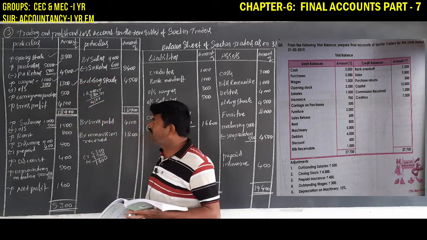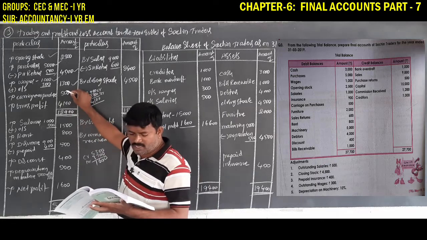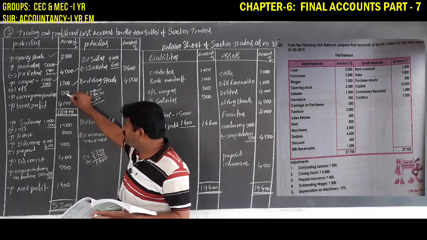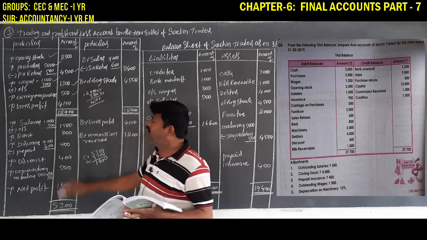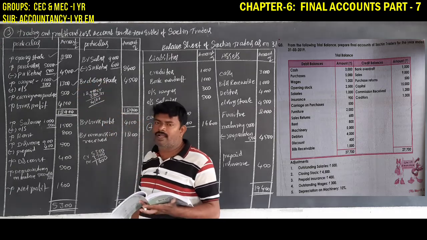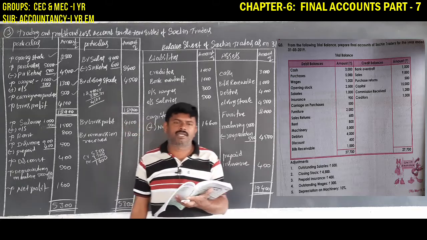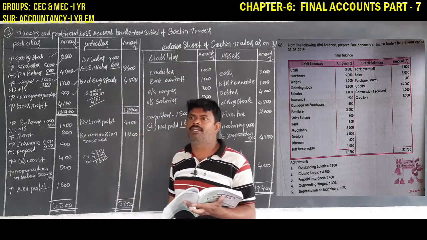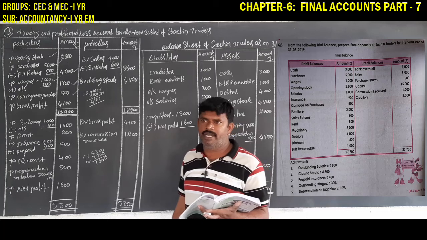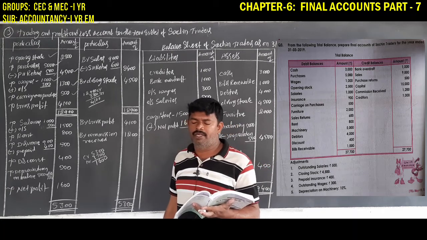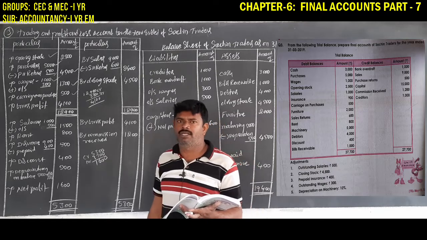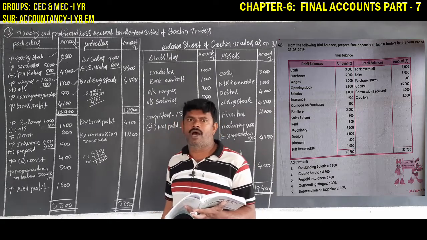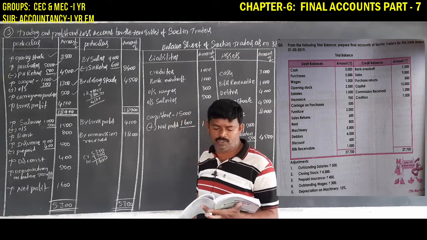Carriage on purchases is given on the trial balance debit side, so it must be on the debit side. So that completes the aspects related to the trading account debit side. Come to the credit side of the trading account. When you are recording the credit side of the trading account, we must observe the credit side of the trial balance only.